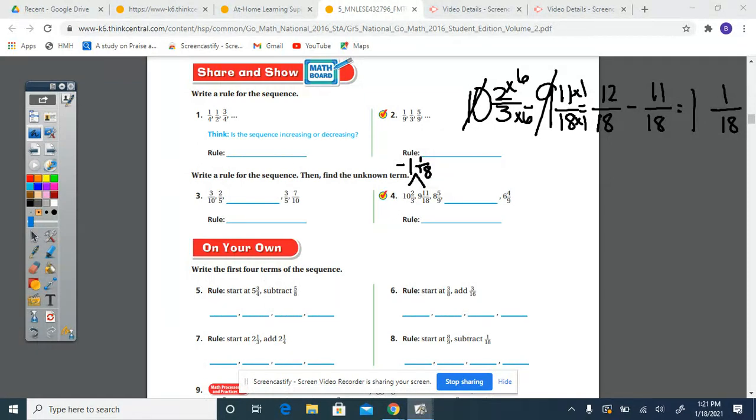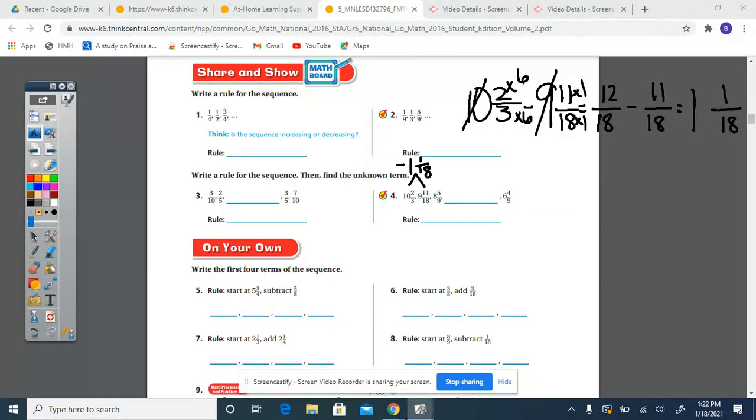Okay. So in order to find the missing value in the blank, I'm going to either take 8 and 5/9 and subtract 1 and 1/18, or I'm going to add 1 and 1/18 to 6 and 4/9 to figure out what the blank is before it.